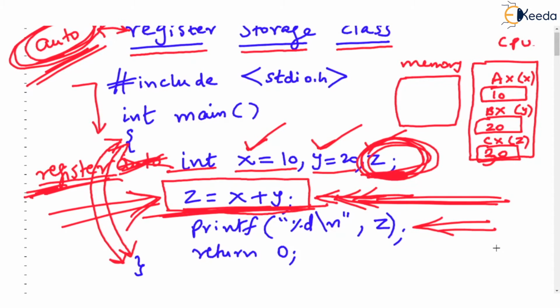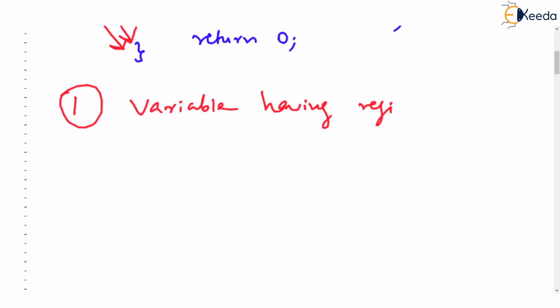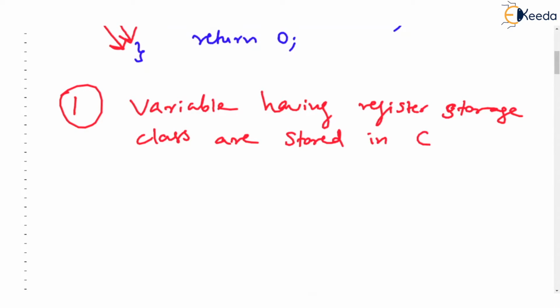So what have you understood about the register storage class? First point: a variable having the register storage class is stored in the CPU, that is, in the registers of the CPU.